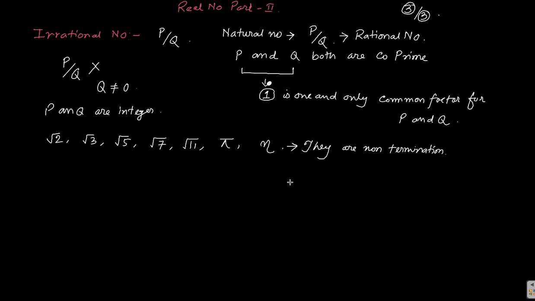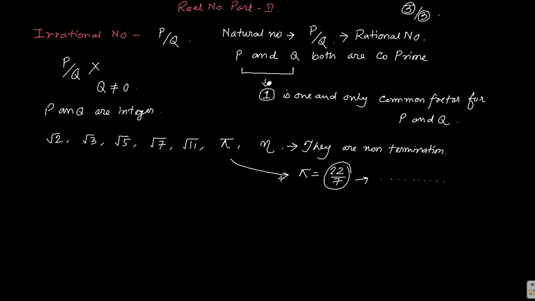If pi is equal to 22 by 7, we can represent it as 22 by 7, but it is a never-ending number. You can say that pi can be represented in the form of p by q as 22 by 7.